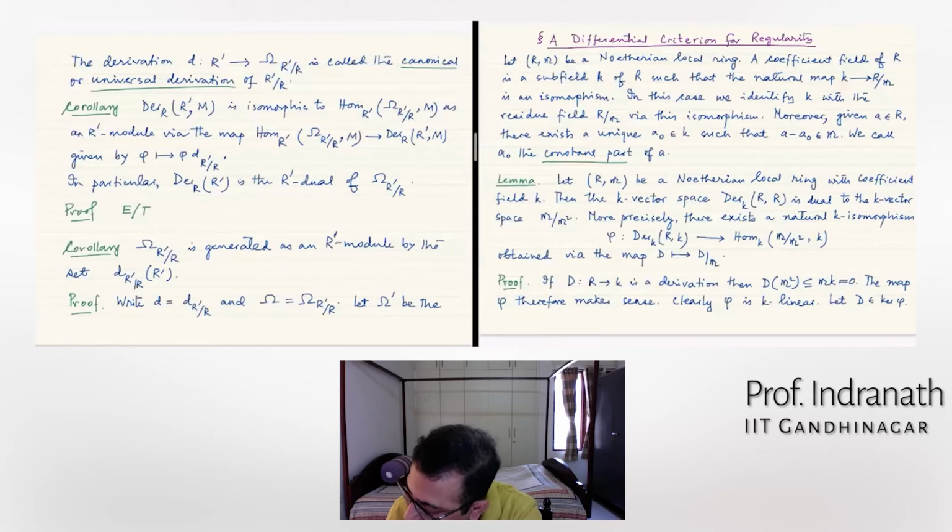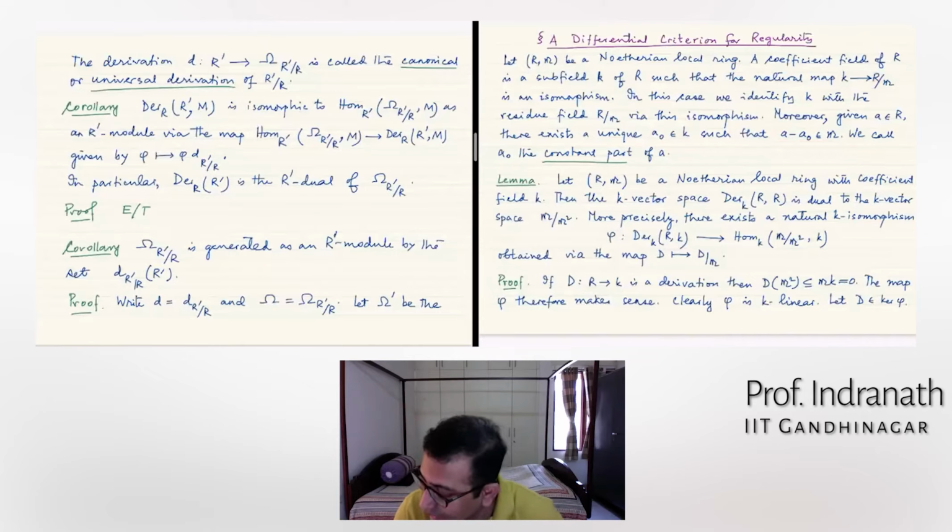In this case, we identify this k with the residue field R/m via this isomorphism. Moreover, given a in R, now this is very important, if you look at a-bar, then it has a unique pre-image in k. So there is a unique a_0 in k such that a minus a_0 belongs to m, and we call a_0 the constant part of a.